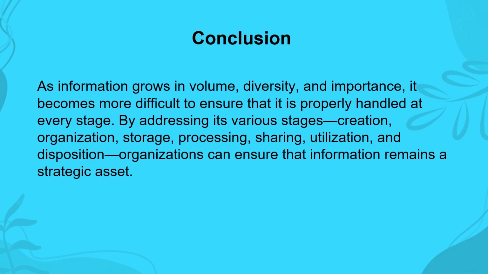As information grows in volume, diversity, and importance, it becomes more difficult to ensure that it is properly handled at every stage. By addressing its various stages, creation, organization, storage, processing, sharing, utilization, assimilation, and disposition, organizations can ensure that information remains a strategic asset.